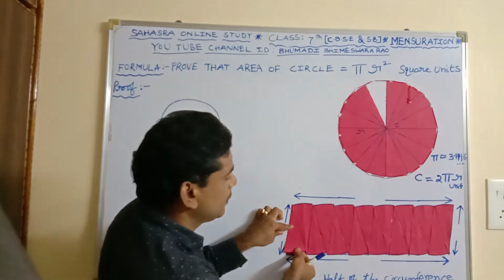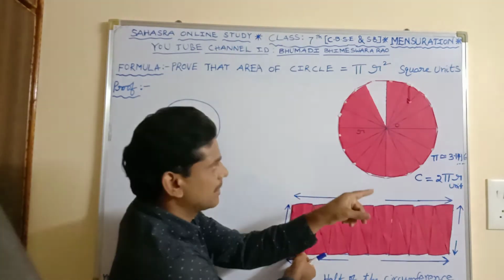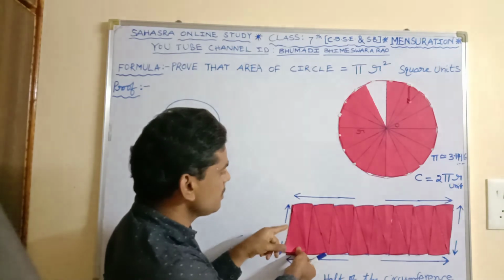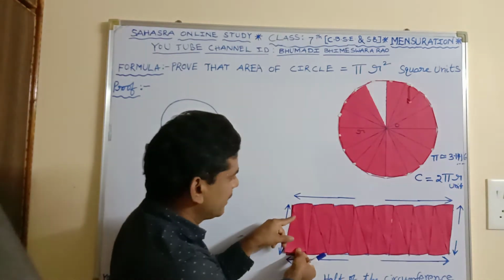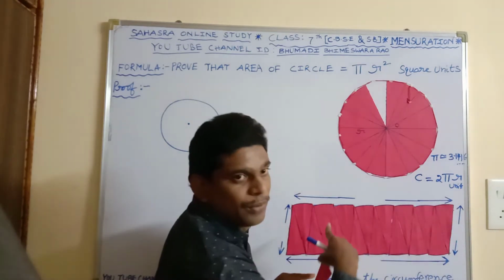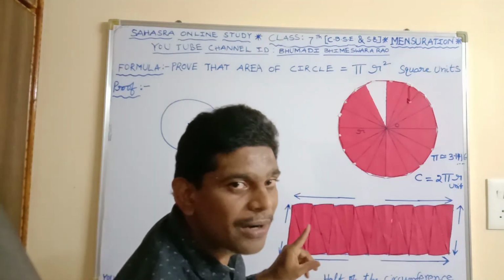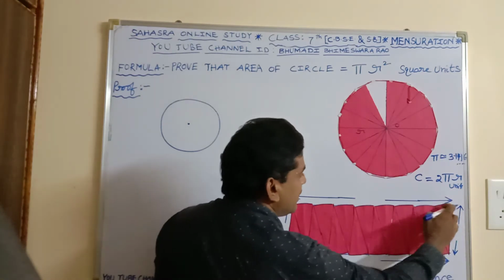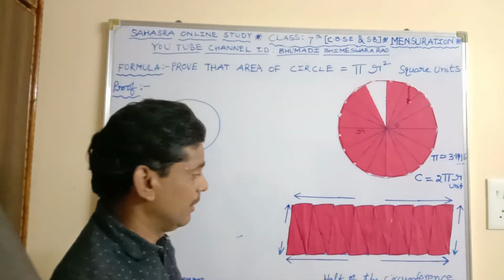If you arrange all these sectors in the following way, you will get one shape. What is that shape called? That shape nearly gives a rectangle.